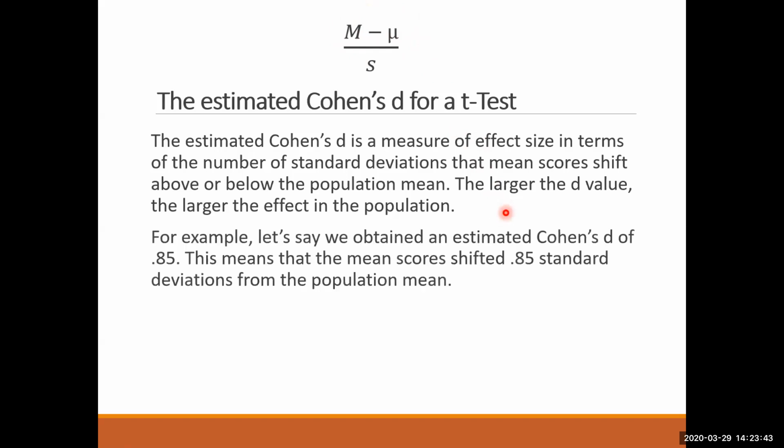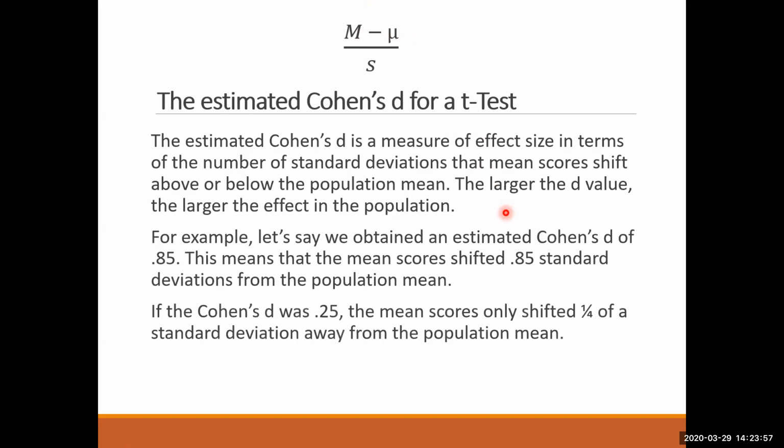So for example, we can say that we obtained an estimated Cohen's d of 0.85. What this means is that the mean score shifted 0.85 standard deviations from the population mean. If the Cohen's d was 0.25, the mean scores only shifted a quarter of a standard deviation away from the population mean.